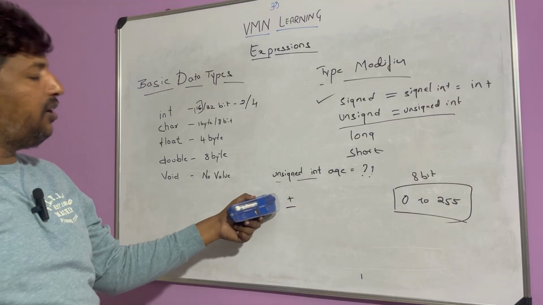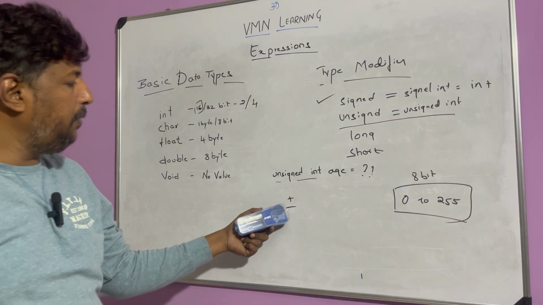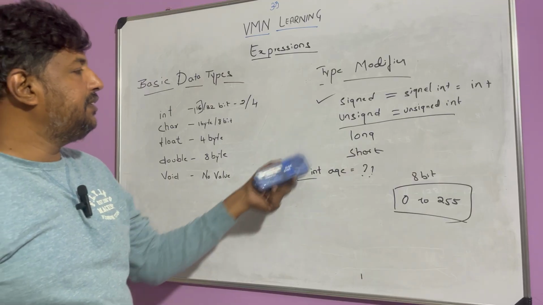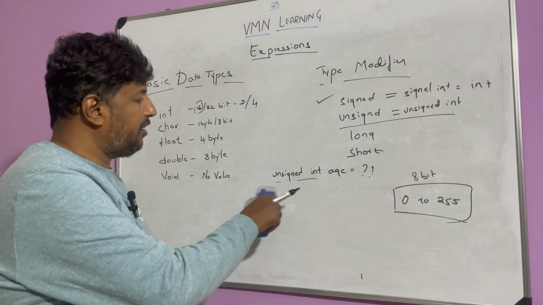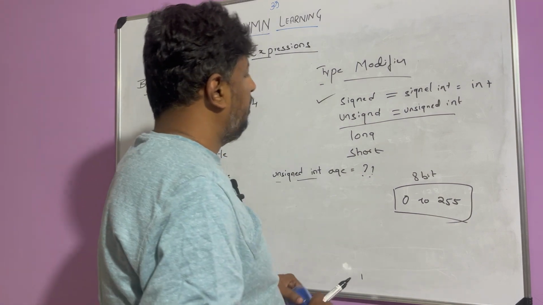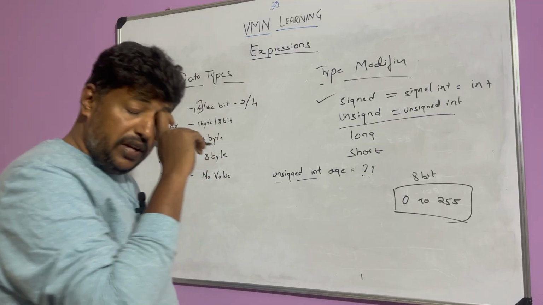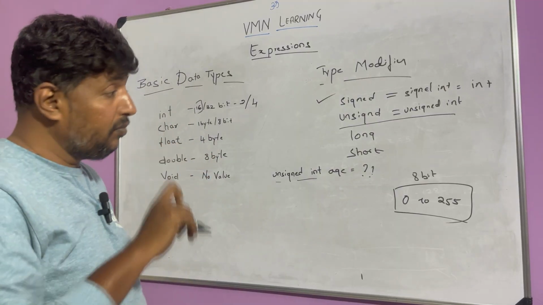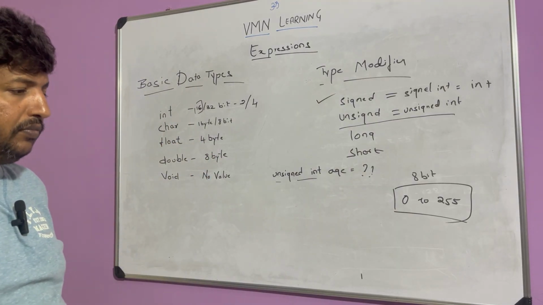You understand what signed and unsigned are, right? Signed values have a sign; unsigned do not. I just explained that with the age example. Now we have long. What will long do?